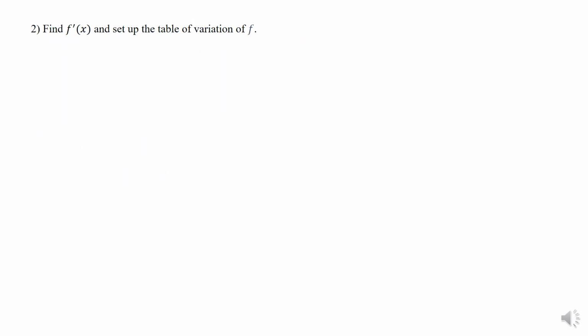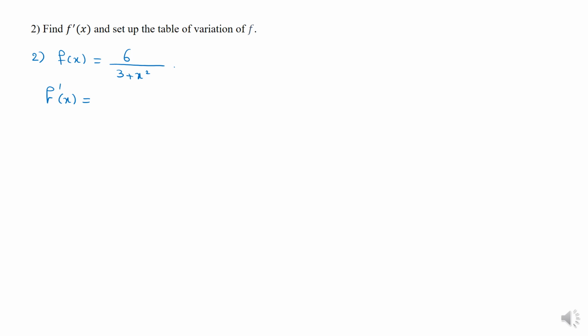Part 2, find f prime of x and set up the table of variation of f. Now f of x is equal to 6 over 3 plus x power 2. F prime of x, this is a ratio, so the derivative of the numerator times the denominator.